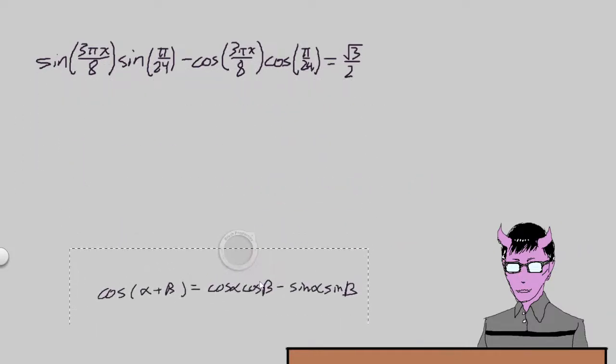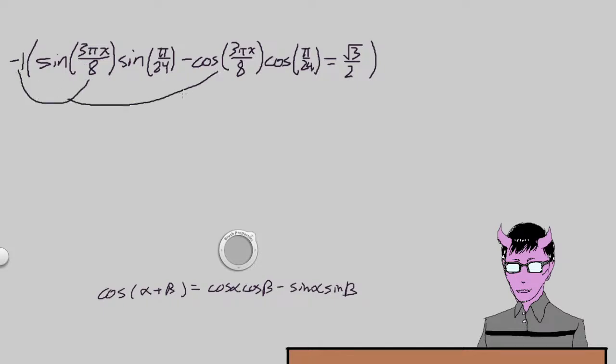I'm going to put it down here. And then the opening move that I would probably suggest is to multiply both sides of the equation by -1. So distribute it to this term, and then to that term. This one, the sign flips, thereby getting a positive, so it becomes positive cosine of 3 pi x over 8.